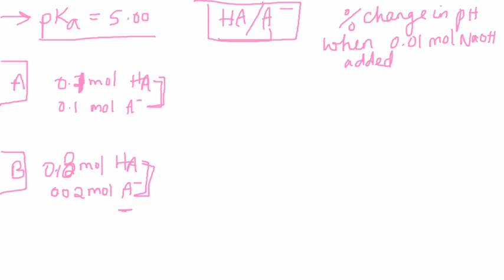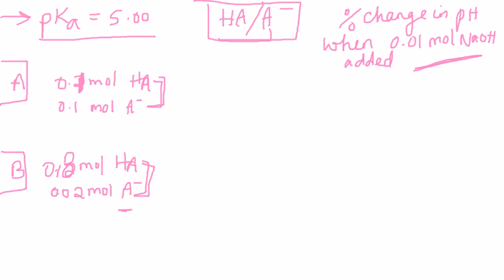So realize in this case, since the amount of acid in the second case is greater, the amount of HA is like 0.18 moles. And one way to determine this is to determine the percentage change in the pH when some kind of strong base is added.